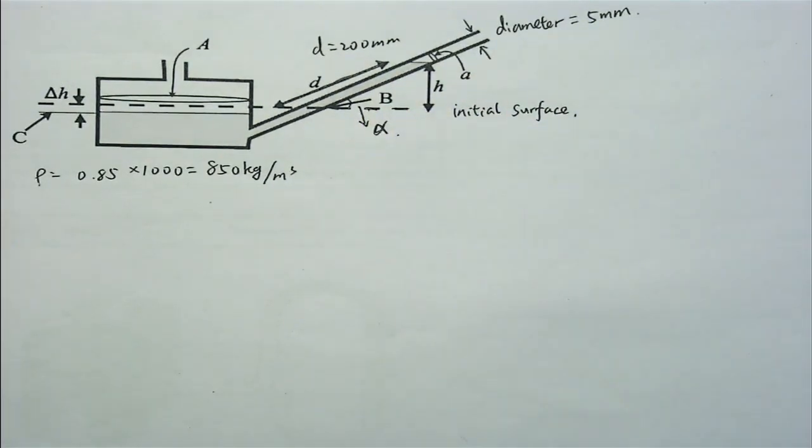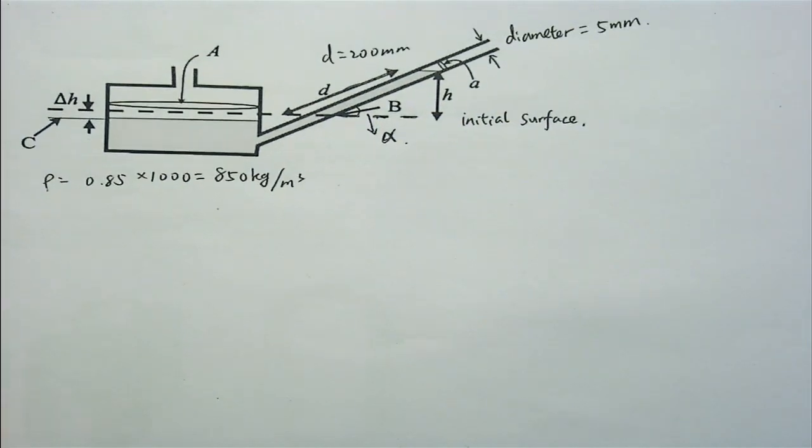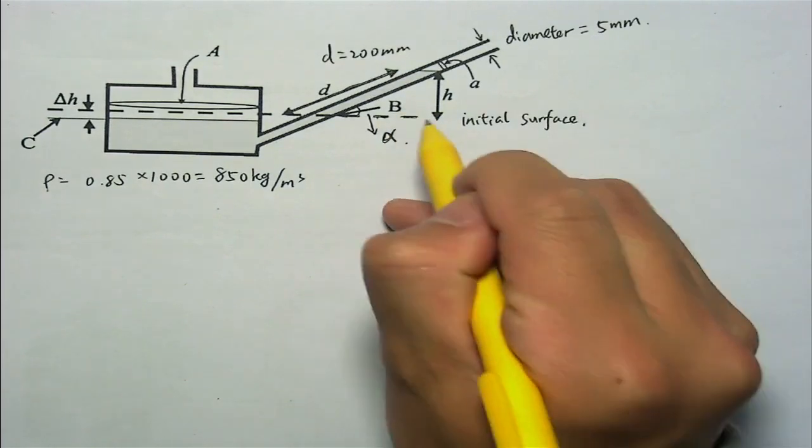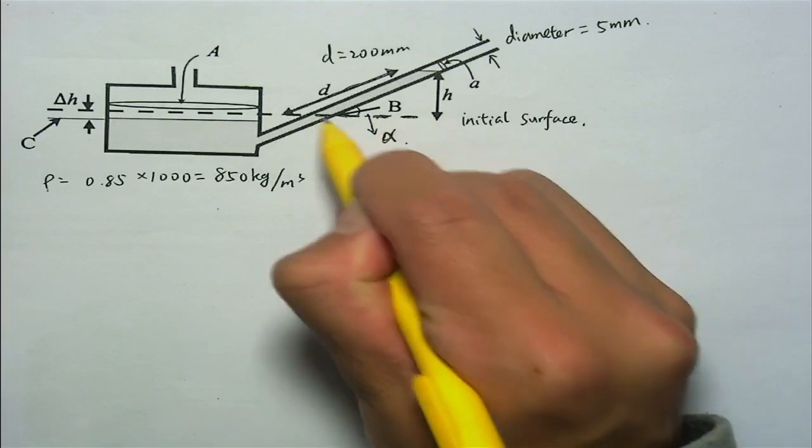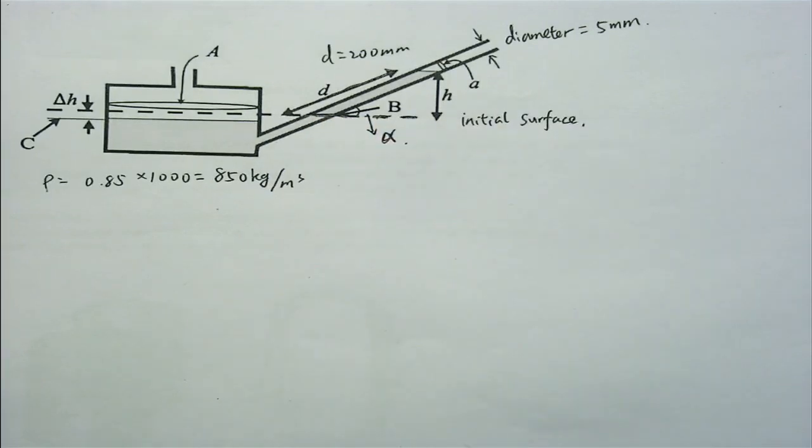is the initial surface, and then the surface in the tank just going down, and the surface of the fluid in the pipe just raise up. So we can get the pressure at the initial surface.